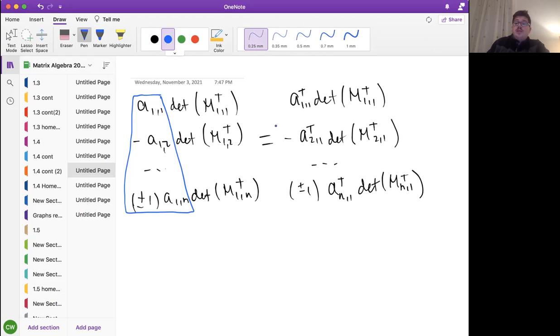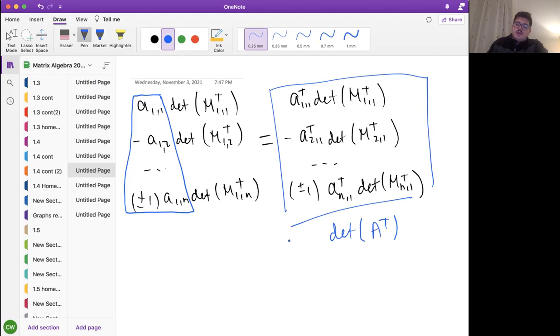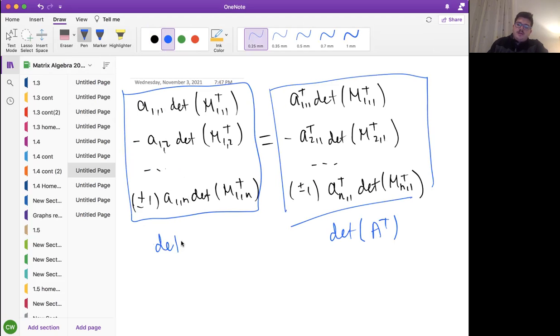So by manipulating the transpose, we get the determinant of A transpose, and this was the determinant of A, by manipulating the fact that we found that the determinant of the minors were the same.